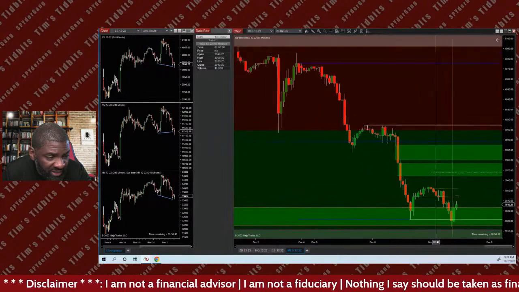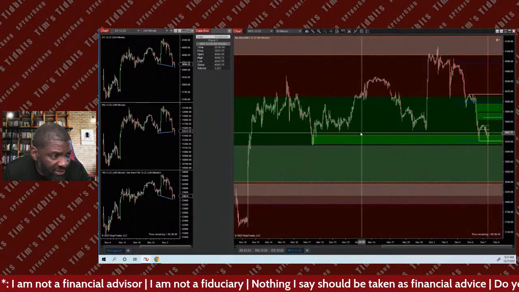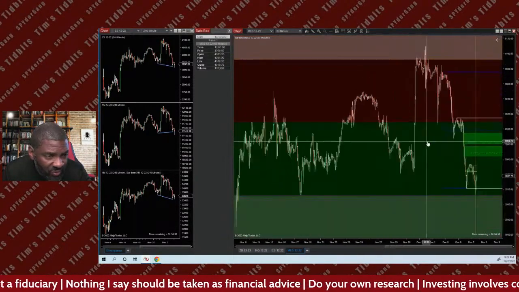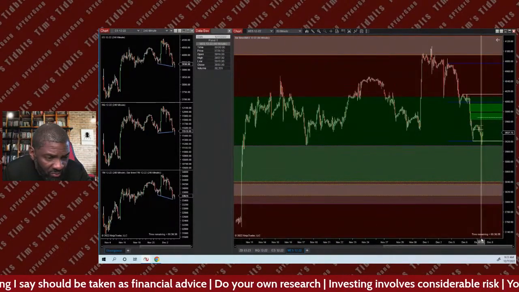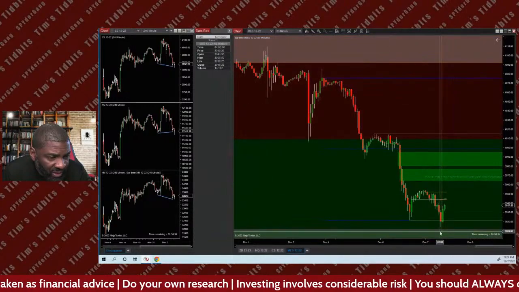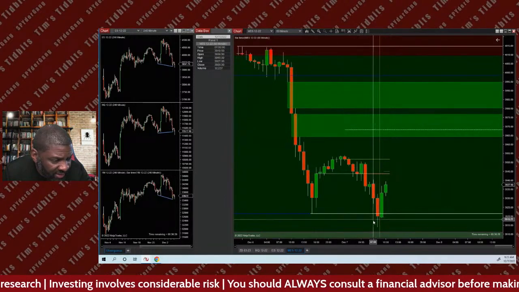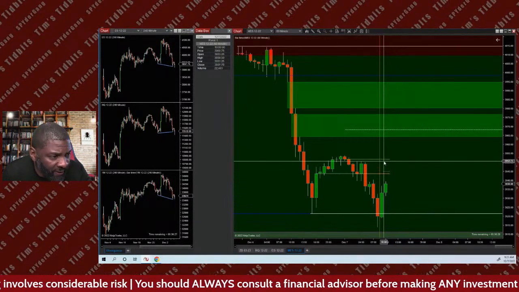We poked through the bottom side of this 60-minute order block. We went through it, it's not active anymore. Poked through yesterday's low, and now we're getting a reaction off of running the sell side below yesterday's low.